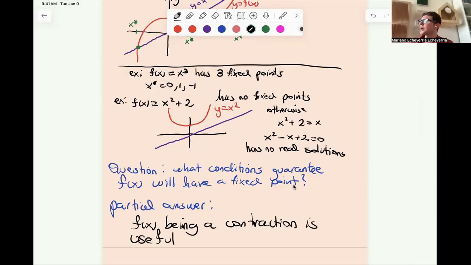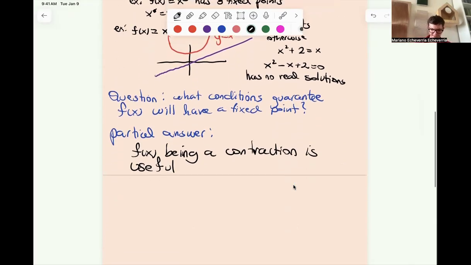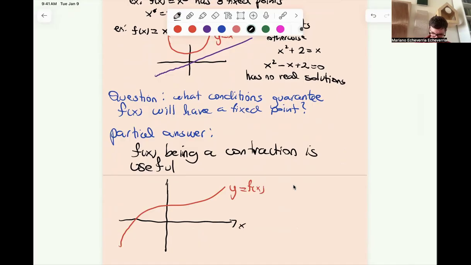And being a contraction, what it meant, I'll do the picture first, just for starters. What being a contraction meant is that if you have the graph, let's say you're studying the function not on the entire domain, but just on some interval.